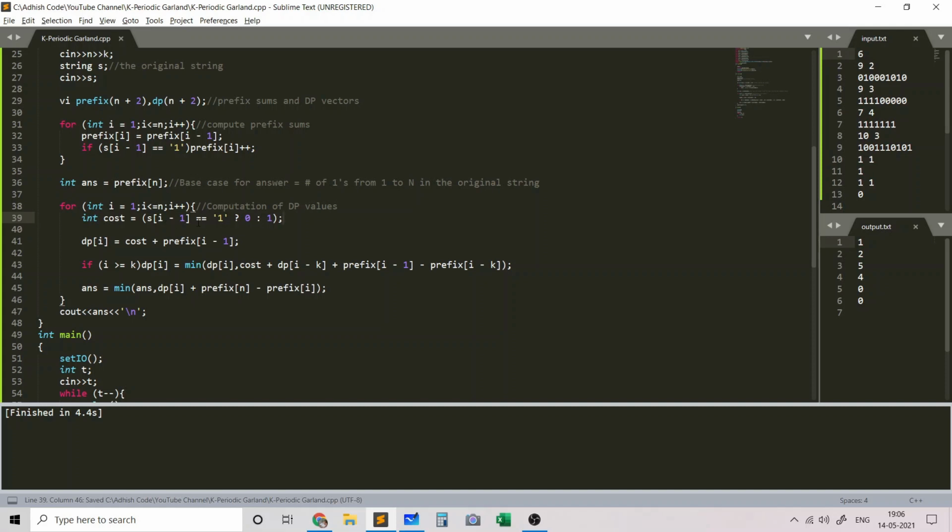So as I mentioned earlier in the video, our cost would be 1 if s of i is 0, and 0 if s of i is 1. So this is basically the cost to change s of i to a 1.